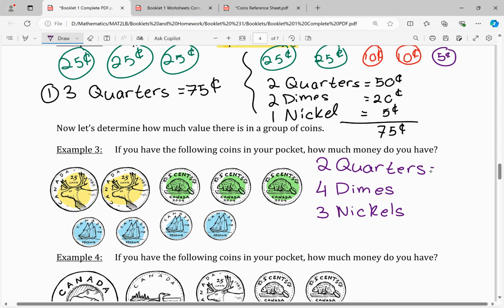Good. So, since each quarter is 25 cents, either in your head or using a calculator, you need to figure out that 25 plus 25 gives me 50 cents.